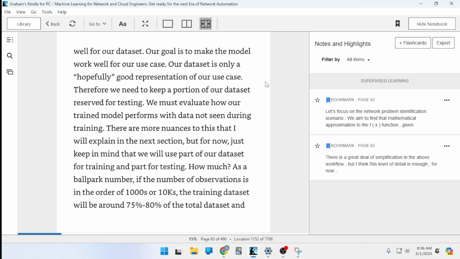if you go on to learn about this more, this concept of having a hopefully, in quotes, good representation of our use case is where the ethics of AI can be unethical; it comes from the data set in a lot of cases.